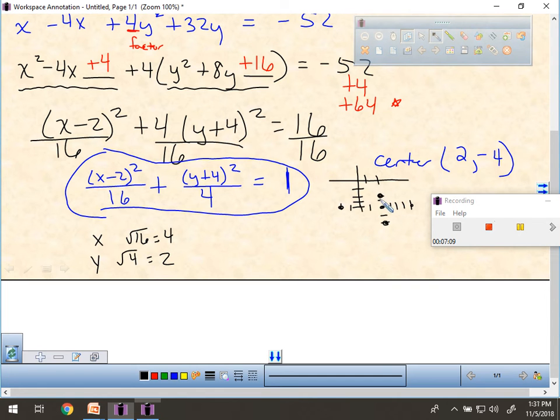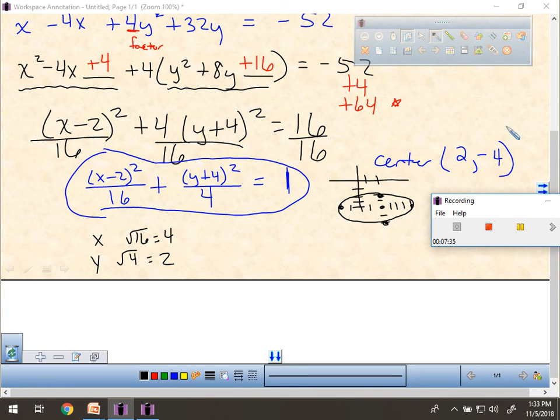And so right there, 1, 2. So there would be my ellipse for this situation. So remember, if the center is given like that, it's always the opposite. So 2, negative 4, and then my square root of 16 is 4, so left and right 4, and then the y is 4, so square root of 4 is 2, so up or down 2. So it's those same steps over and over again.